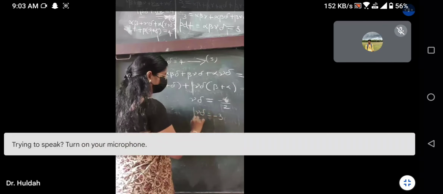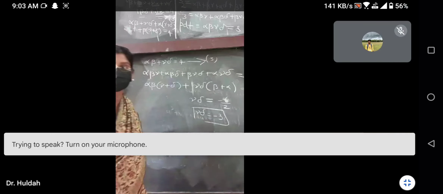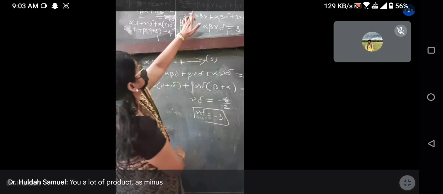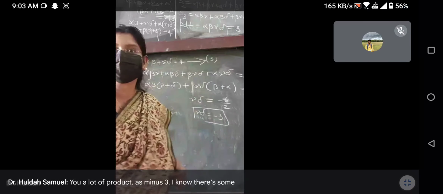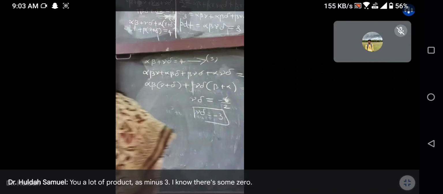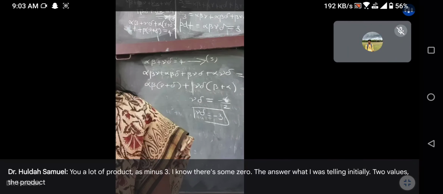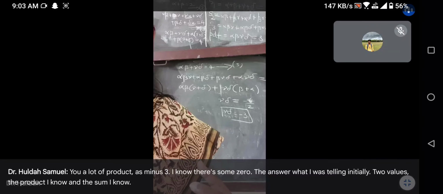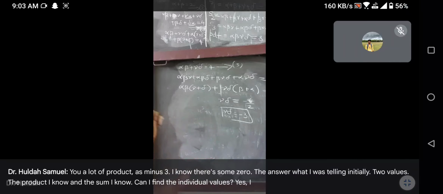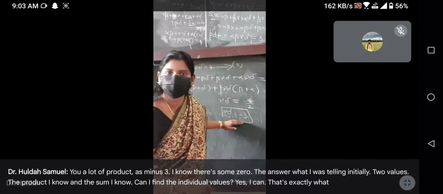So now I have got gamma delta, the product. I got the product as minus 3. And I know the sum is 0. You understood what I was telling initially? Two values, the product I know and the sum I know. Can I find the individual values? Yes, I can. That's exactly what I've landed up with.